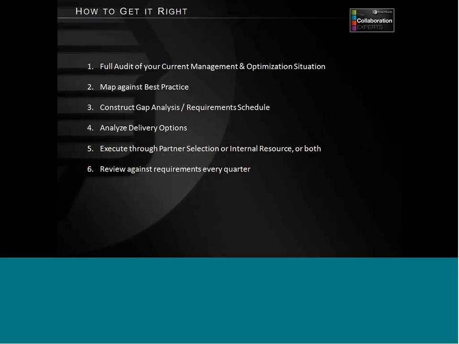So just finalizing and finishing up on how we think you should get it right, this is what we would recommend, this is what we would do from a client perspective when we get engaged. The very first thing is to audit your current situation. So look at where you are today from a management and optimization perspective and map it out against best practice.